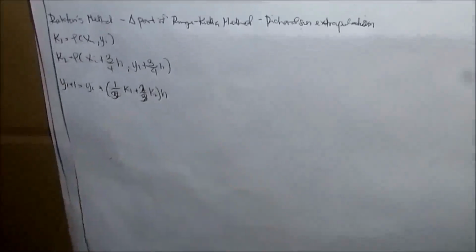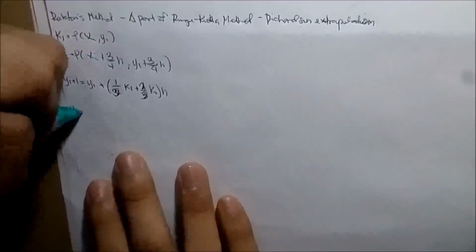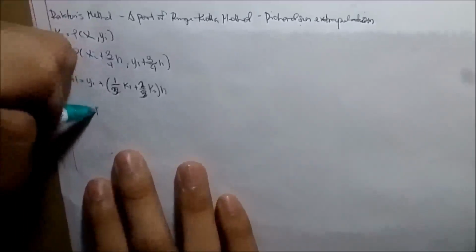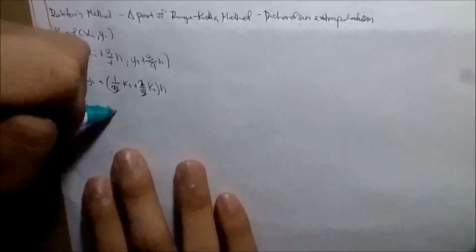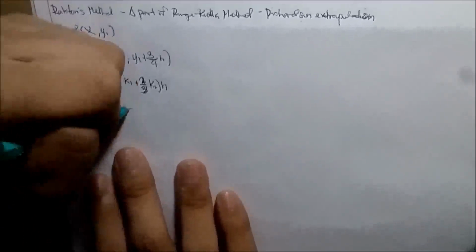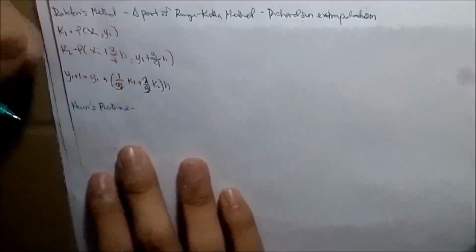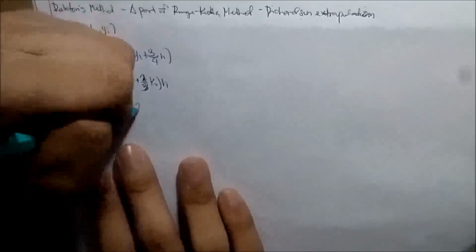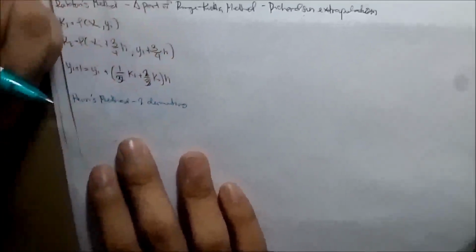Next, another second order differential equation is the Heun's method. It is a determination of two derivatives for the interval at the initial point and end point.